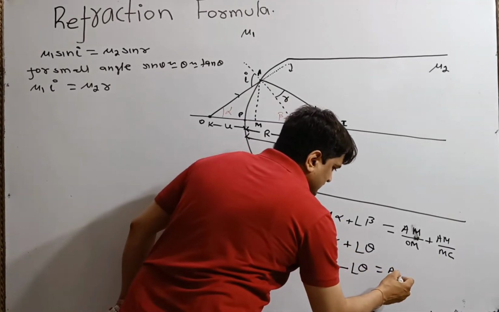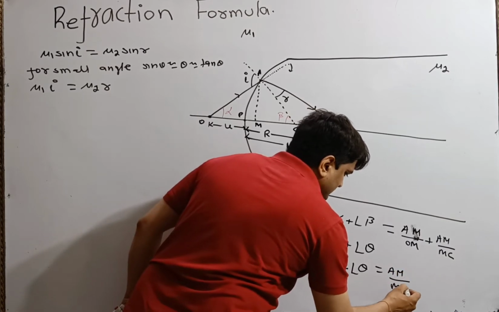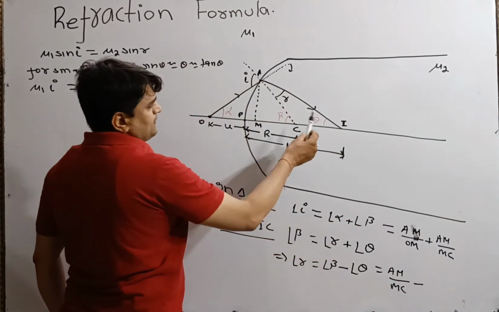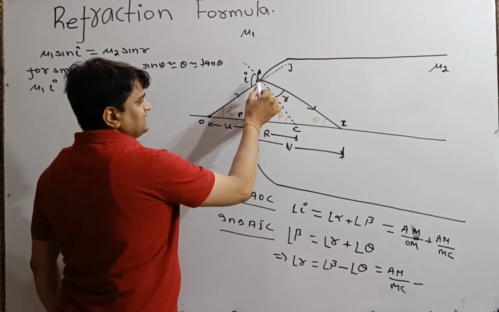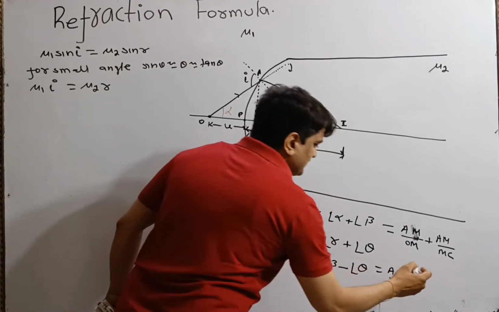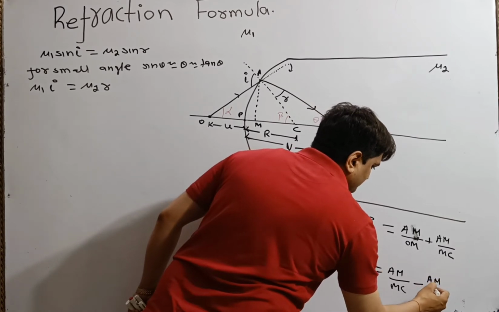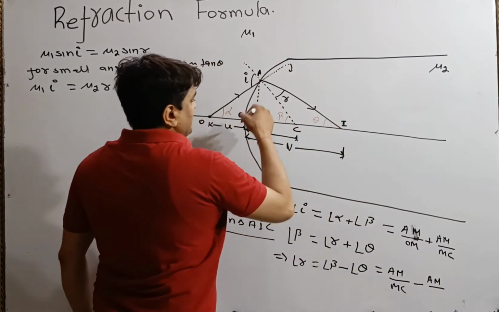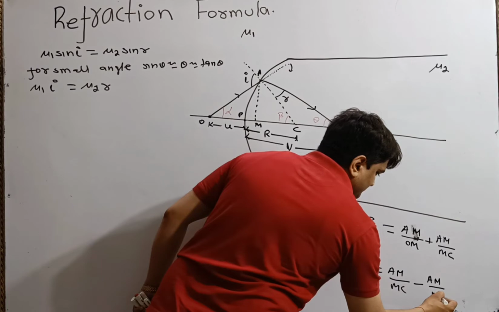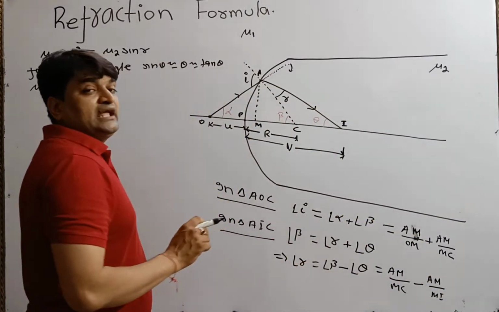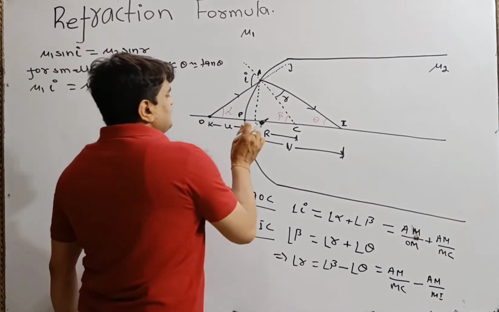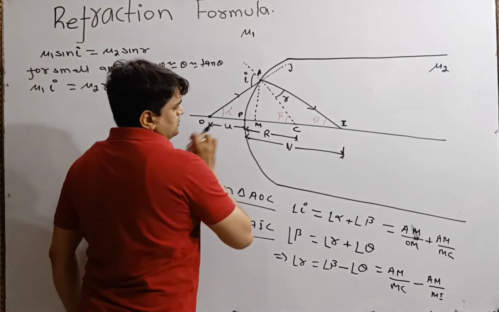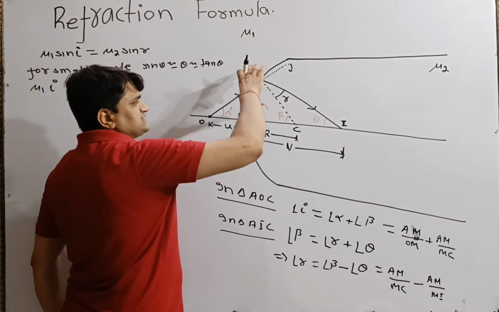Beta is AM upon MC minus theta, in triangle AIM, tan theta will be AM upon MI.